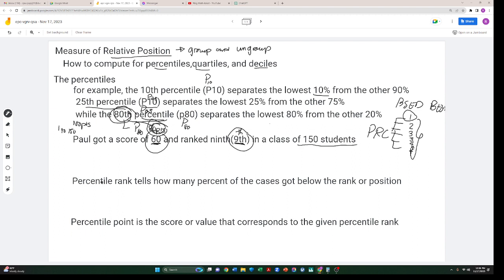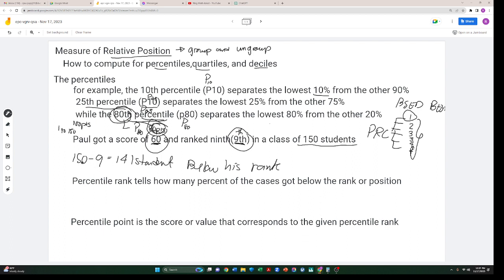Okay? So, Paul got a score of 80 and ranked 9 in the class of 150 students. It means that 150 minus 9, which is your rank, is equal to 141 students below his rank.